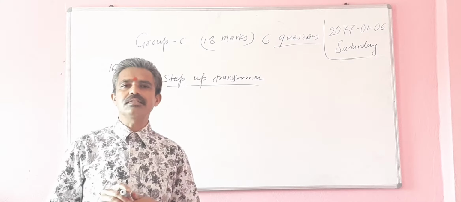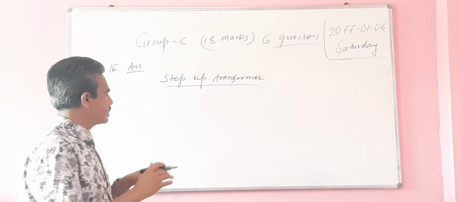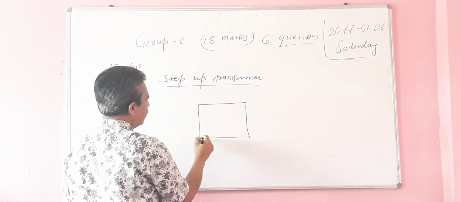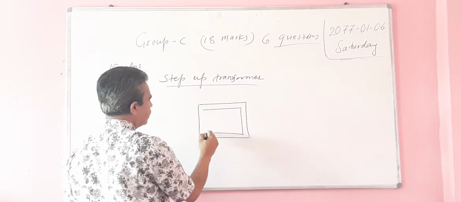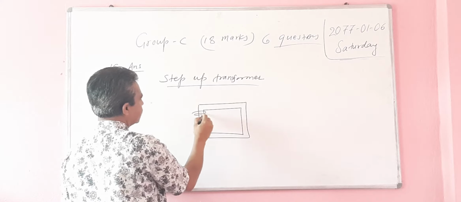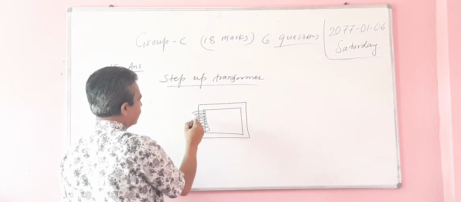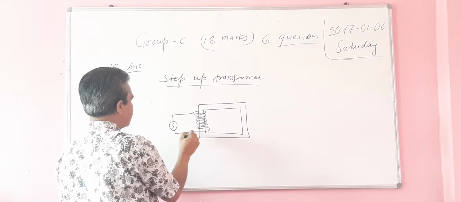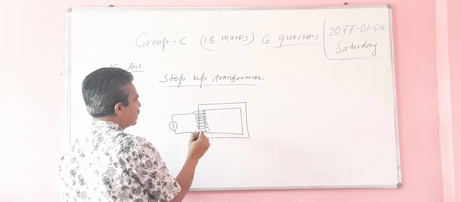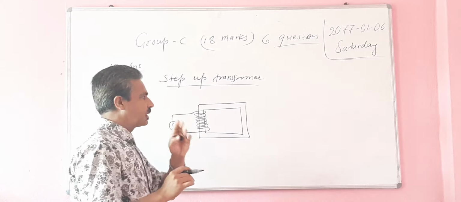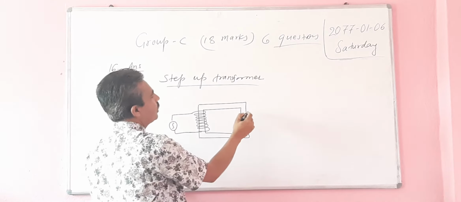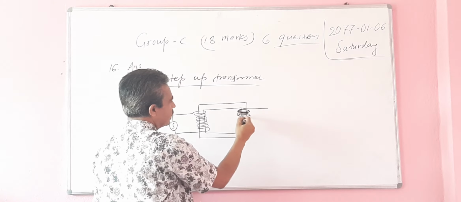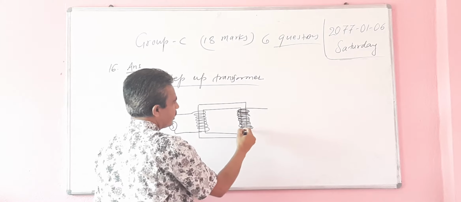It increases the supplied AC voltage. It means you have to draw the core of the transformer, and in this diagram, this is the input AC voltage, and step up means there must be more number of turns in the secondary coil. That's why you can draw like this.